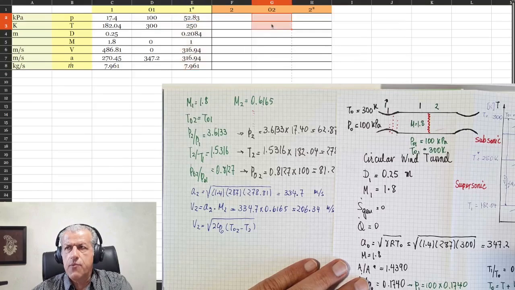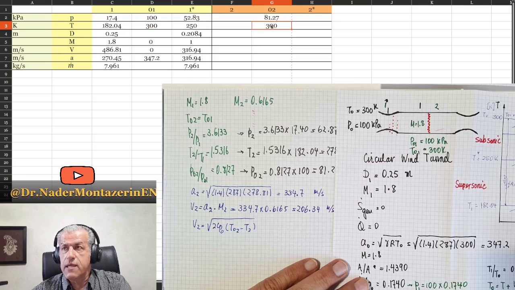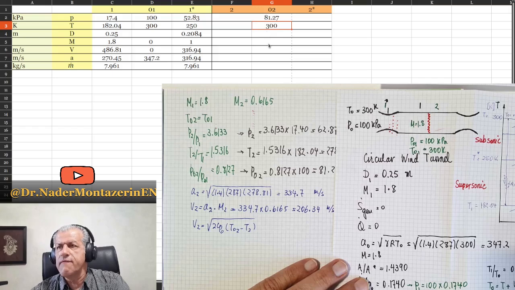You see, for point 2, the stagnation properties are 300 Kelvin for the temperature and 81.27 for the stagnation pressure. Of course, diameter for stagnation is irrelevant. Mach number for stagnation is 0, of course. That's the definition of the stagnation properties, where velocity and Mach number are 0.